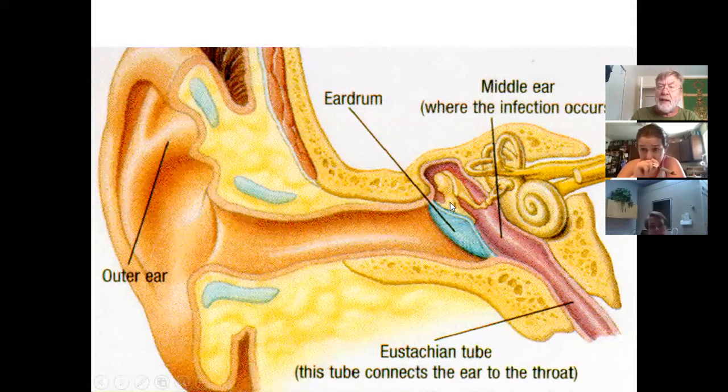Eardrum, malleus, incus, stapes. Cochlea, and these are the balance organs. Your balance and hearing are sent up the 8th cranial nerve to the brain. And here's the middle ear space filled with air. There's the eustachian tube going down to the throat.